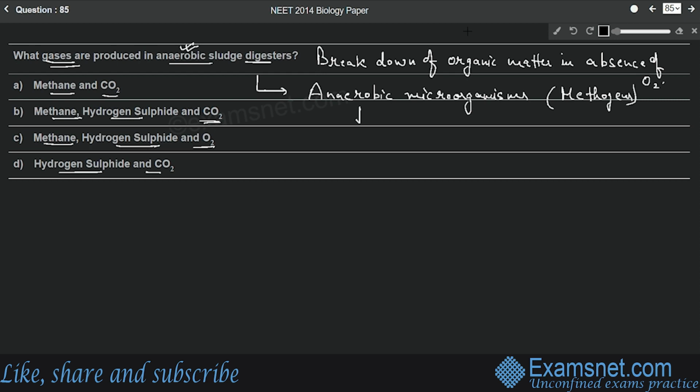And these anaerobic microorganisms carry out the microbial decomposition leading to the production of biogas.